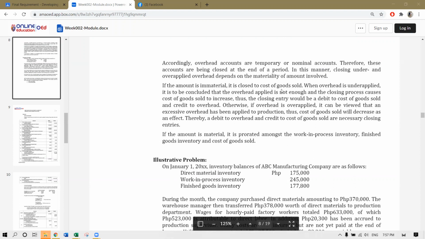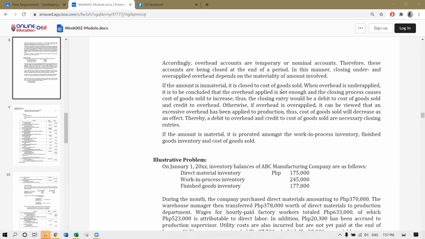So ha problem, dana ito nayakan kon material bahiya, dana liwat diri. So it bubuhaton kung diri magyakan kon material ban amount or diri kukumpyuto na lang niyo kung anon ginsunod. Okay. If the amount kuno is immaterial, diretso hiya close to cost of goods sold. Mas madali inihiya. Kay an aton over or under application, diretso close to cost of goods sold.